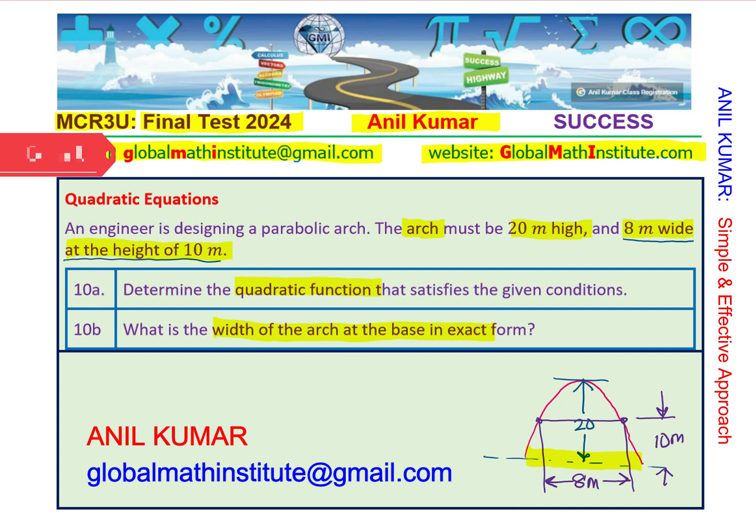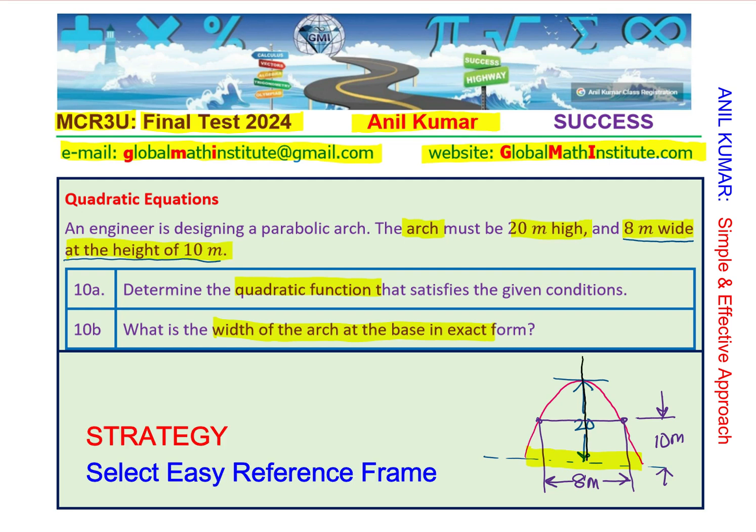So what I'll do here is take a reference frame, the y-axis going through the peak, representing the height, and the x-axis is where we want to find the width, right? What could be the equation?